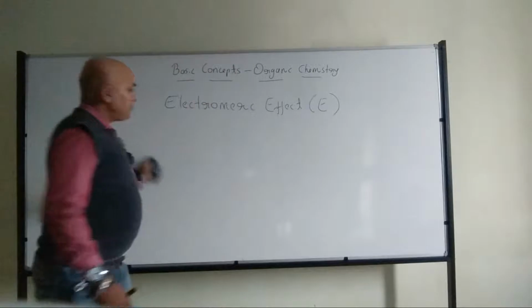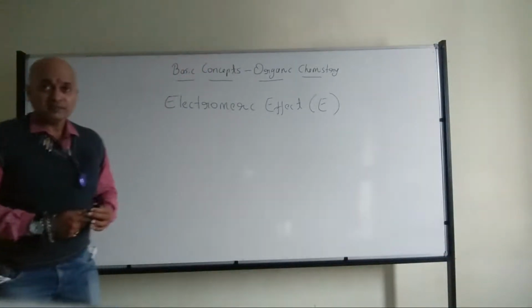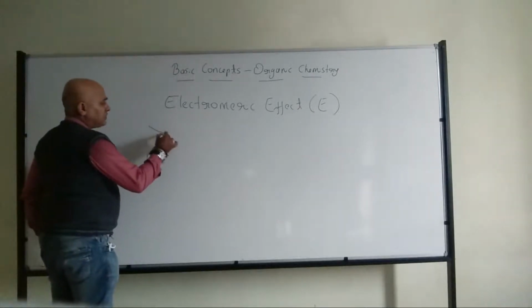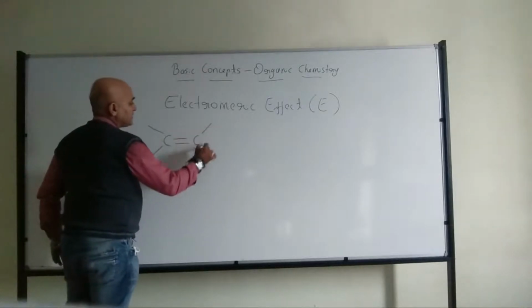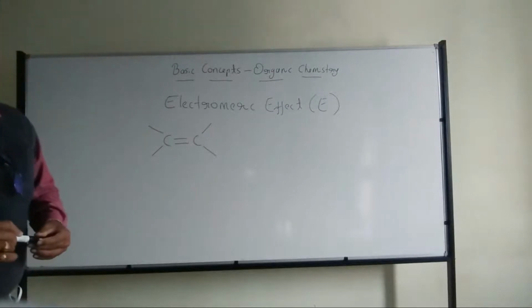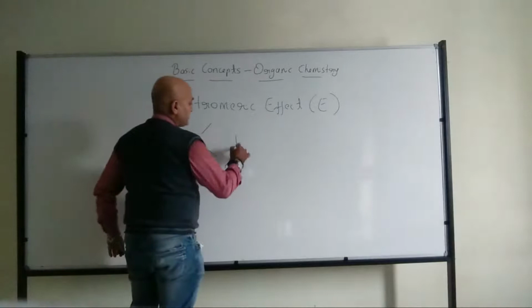When I'm talking about the electromeric effect, we have to go with some examples. For example, I have an alkene. Now, to this alkene, I want to add HCl.